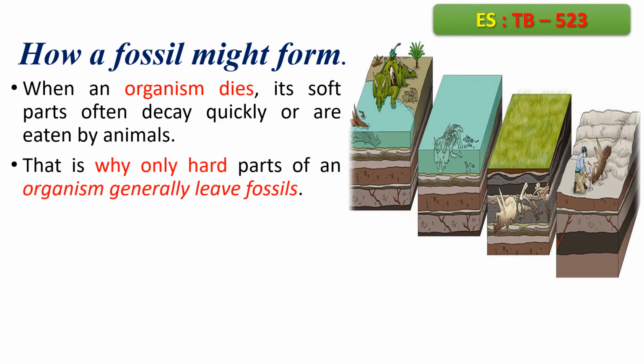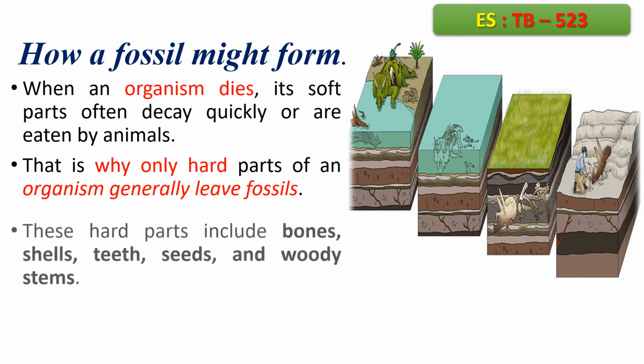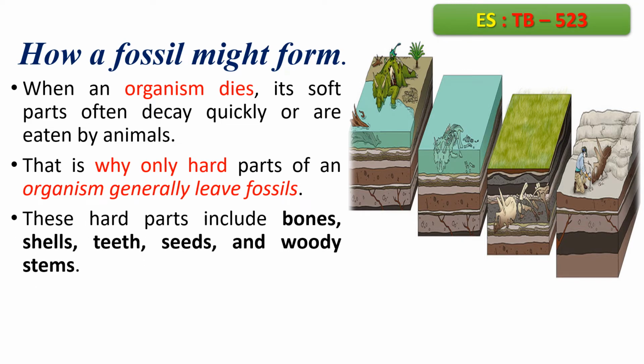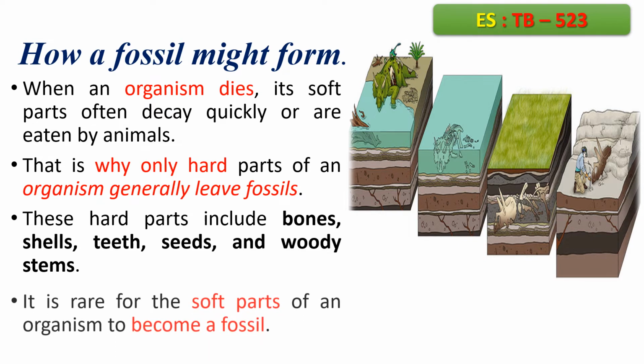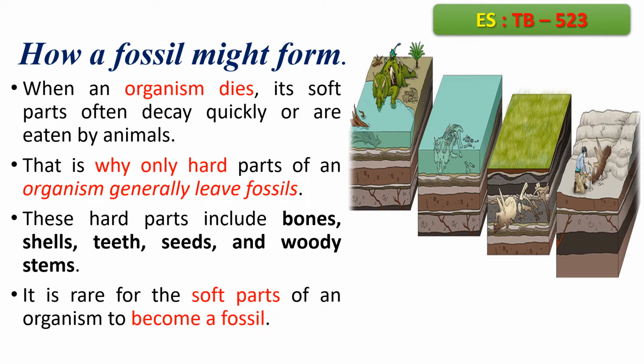That is why only hard parts of an organism generally leave fossils. These hard parts include bones, shells, teeth, seeds, and woody stems. It is rare for the soft parts of an organism to become a fossil.